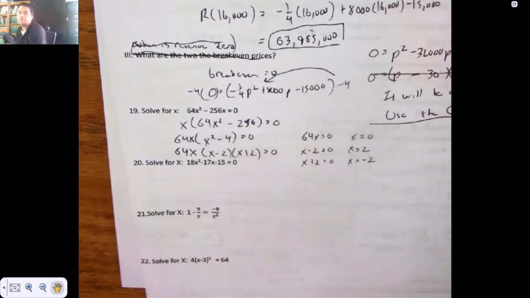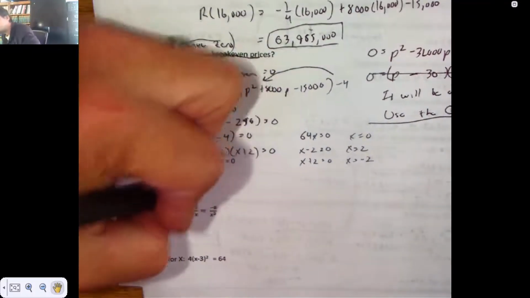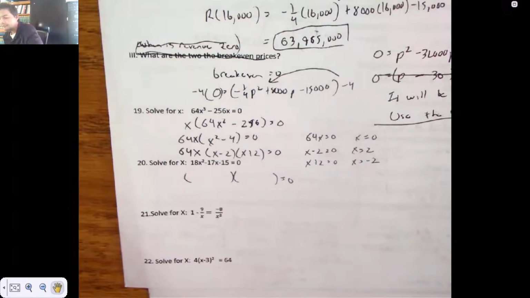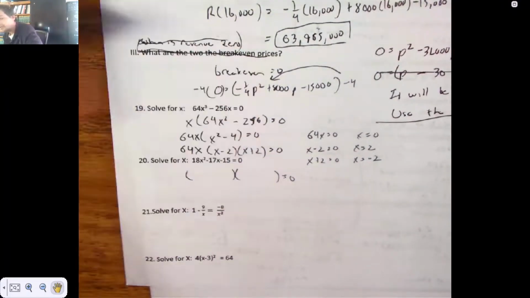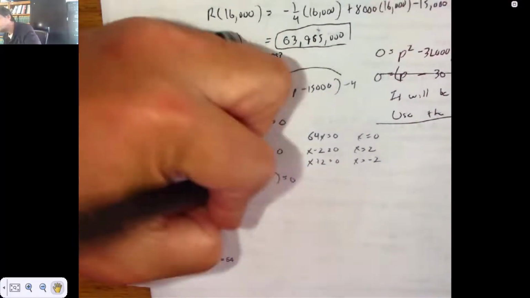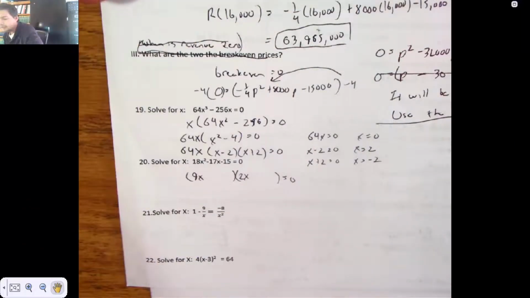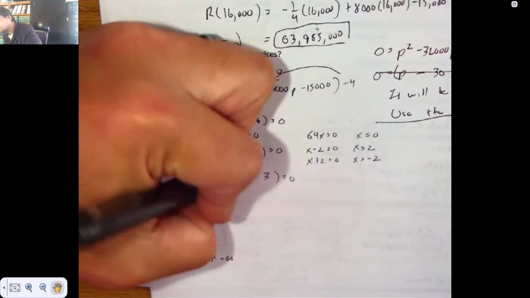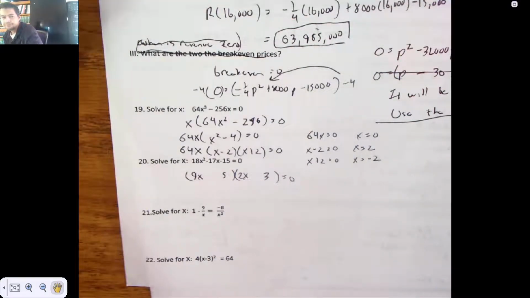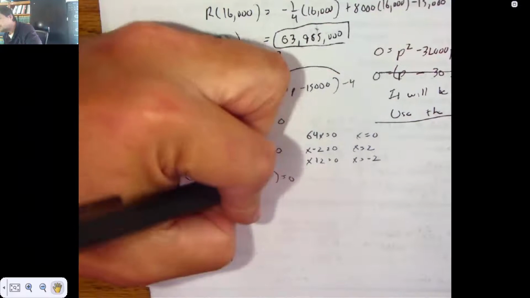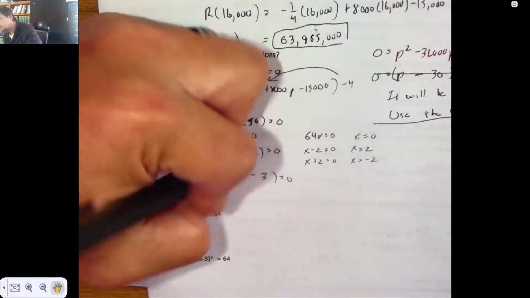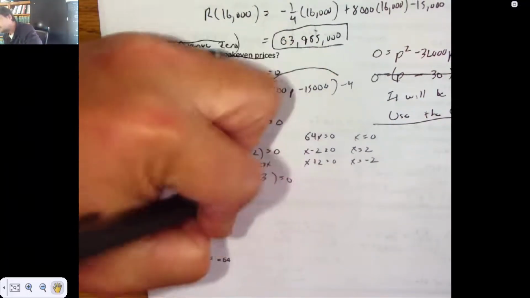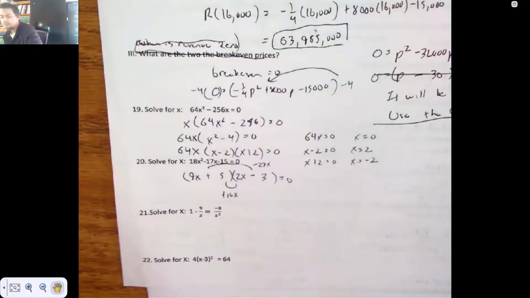20, solve for x. This would be guess and check all day long. The three factors are not divisible by anything. I'm going to go with 9x and 2x to create an 18x squared, and 15, 3 and 5, in the opposite order I set them. The outside would make negative 27x, and the inside would make plus 10x.